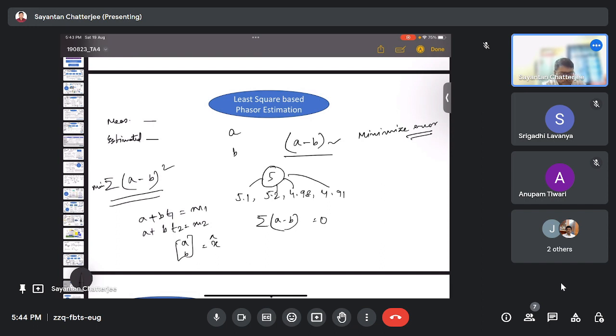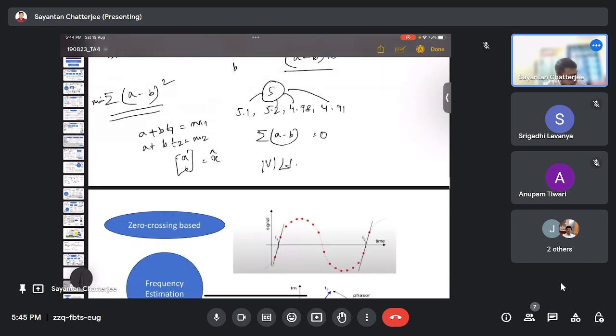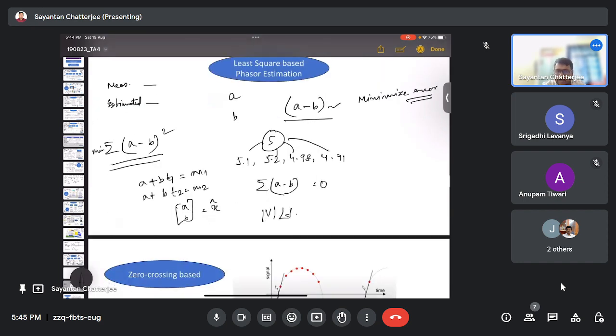Based on that, if we have knowledge of the real and imaginary parts of the system, we can directly obtain the phasor estimates, that is the voltage magnitude and the phase angle. So this is the main agenda of least square based estimation.